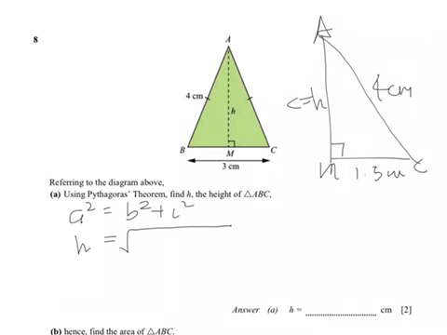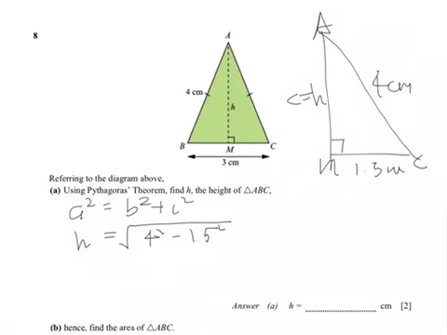You can straight away write the formula out. Very simple to remember. h equals square root of 4 square minus 1.5 square, or slope square minus the base square to give you the height. Just remember the square root. You get your answer as the height. Please do your calculation yourself.